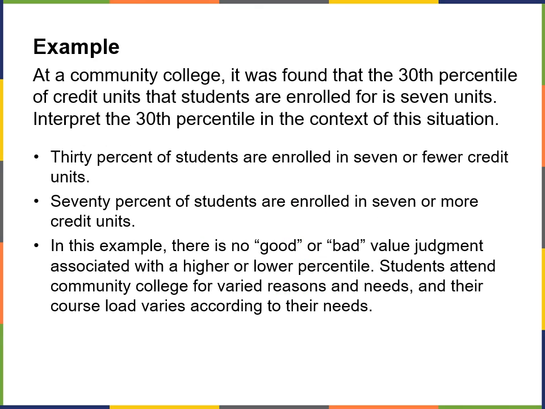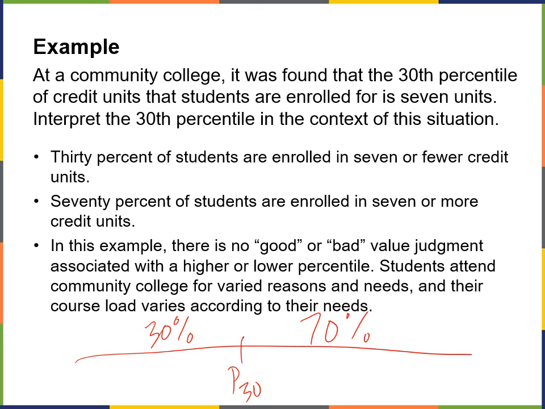Okay, one more example. At a community college, it was found that the 30th percentile of credit units that students are enrolled in is 7 units. So here's P30, the 30th percentile. 30% are less than that, 70% are greater than that, and this is talking about 7 credits.